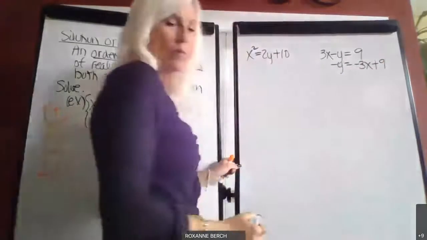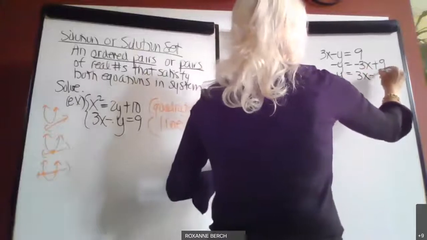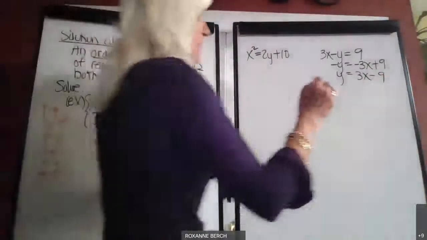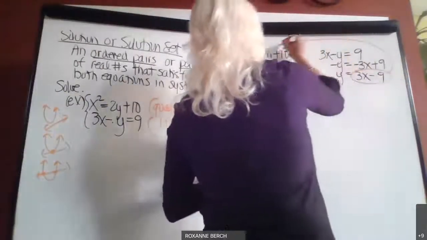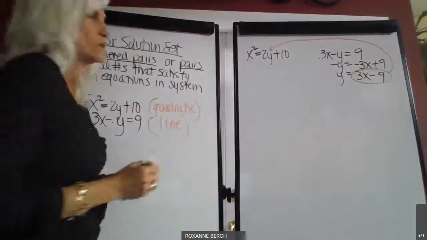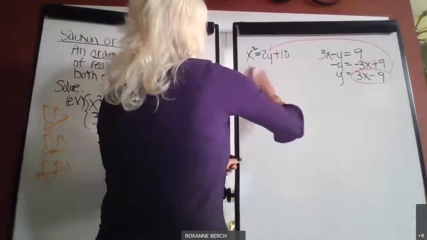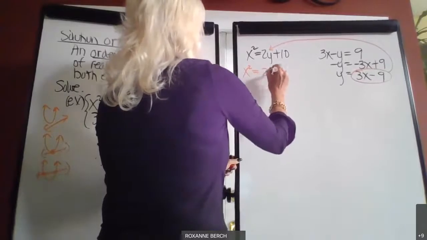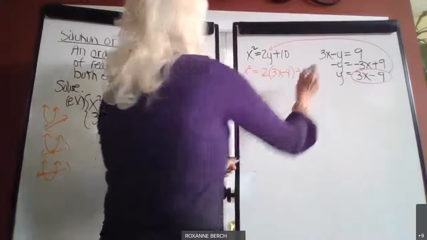you get that. And when you multiply by a negative, you're going to substitute that in for y. You're going to take this and substitute in for y. So we have x squared equals 2 times the quantity 3x minus 9 plus 10.